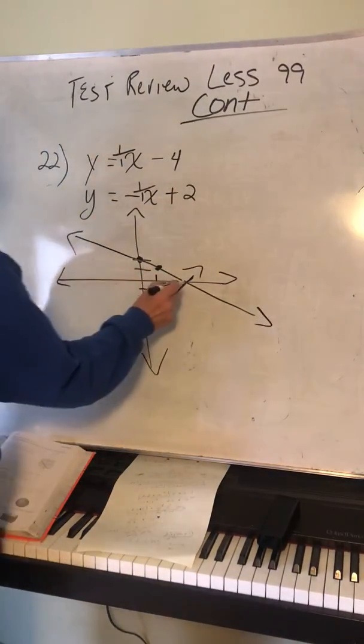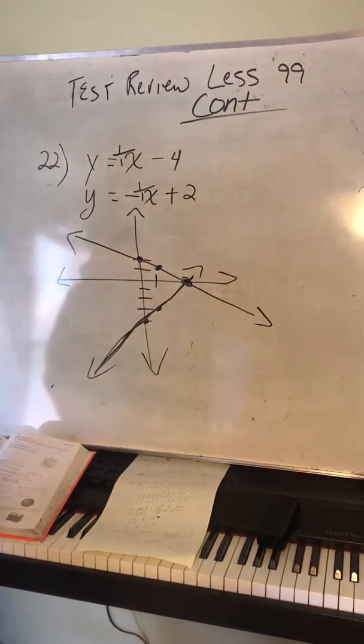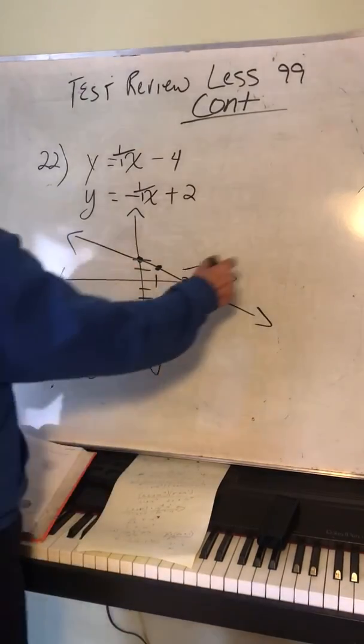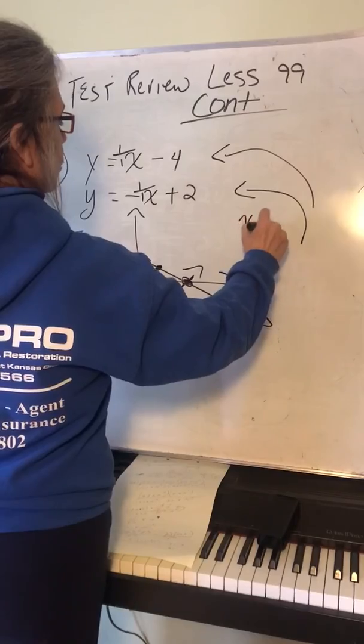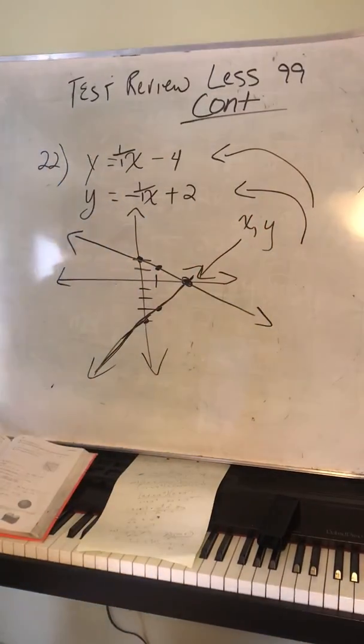And then wherever this point is, which I can't really tell on mine, when you do this graph, wherever this point is is the solution that you could put back in as x and y values. Whatever it is, I'll just look it up.